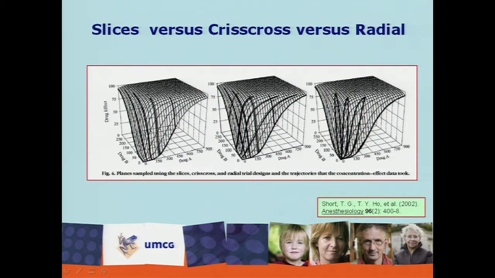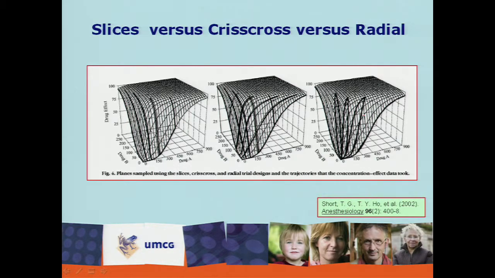When you combine the two drugs, the concentrations or the dosages of the two drugs, to study the interaction, as proven by Tim Short, it is quite important how the design of your study is done.